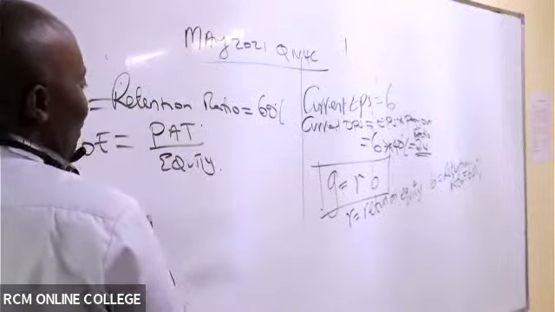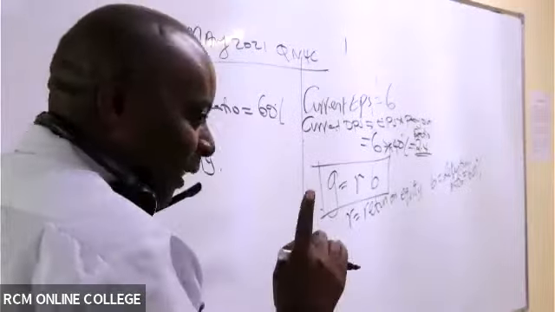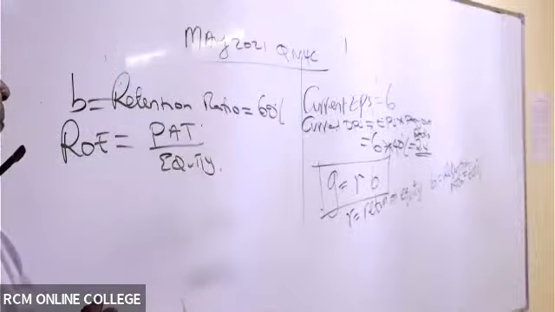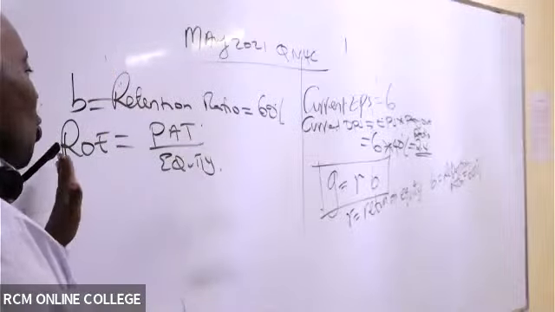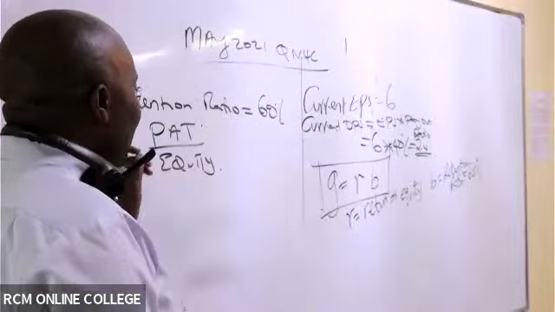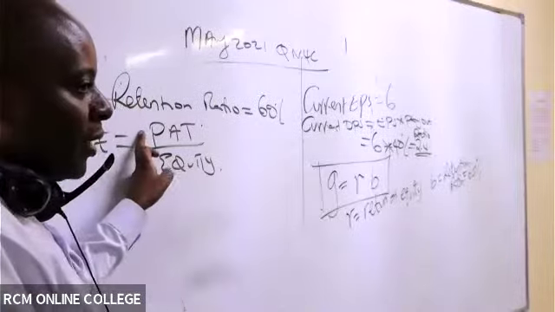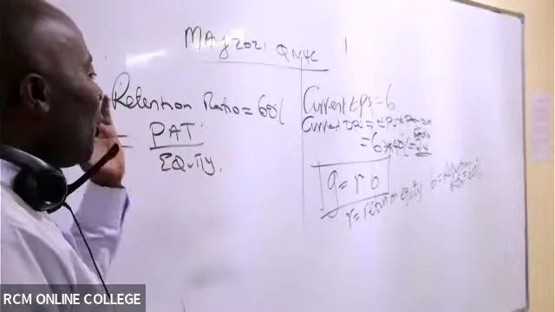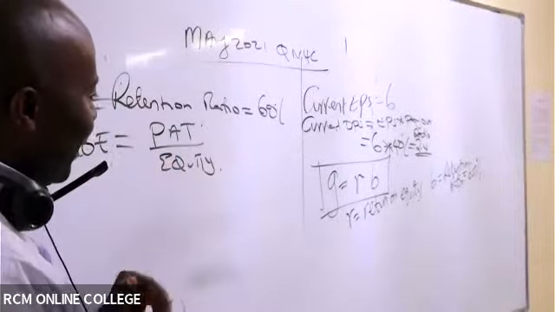Very good. So anytime they ask for return on equity, remember that the equity holders get a return known as profit after tax. And then you divide this by the total equity.